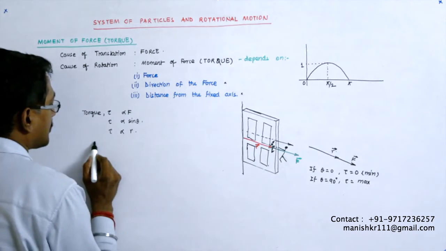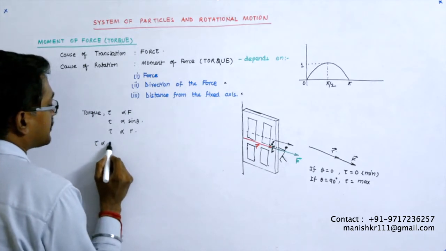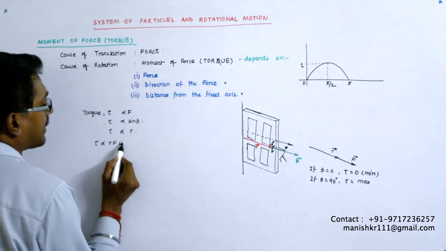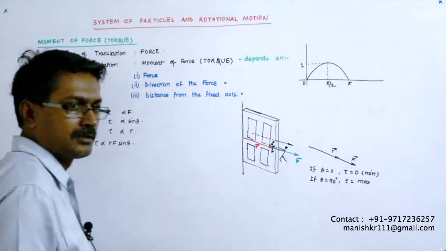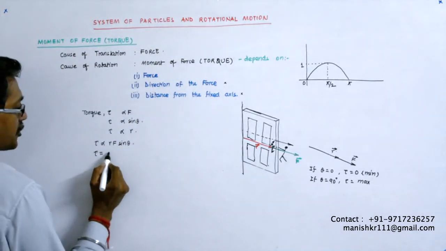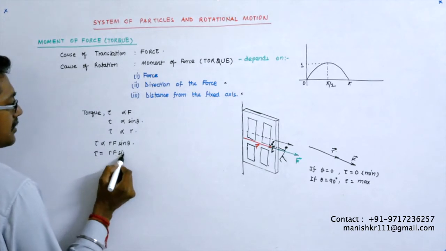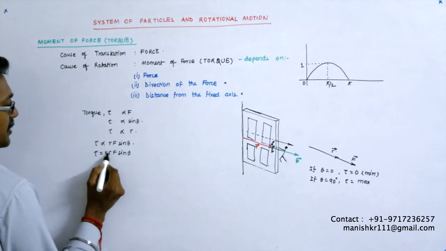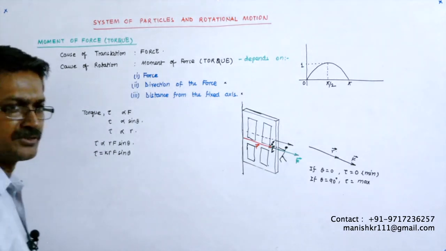So it means that tau is directly proportional to R and F and into sine theta. And this goes away. So the proportionality goes away. I am left with a constant of proportionality. What happens now?